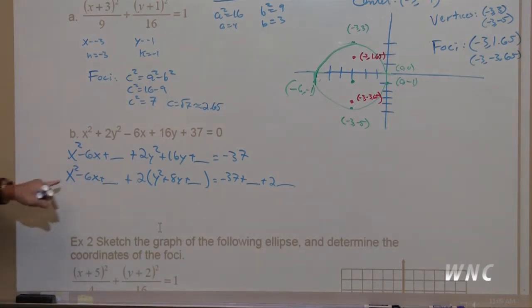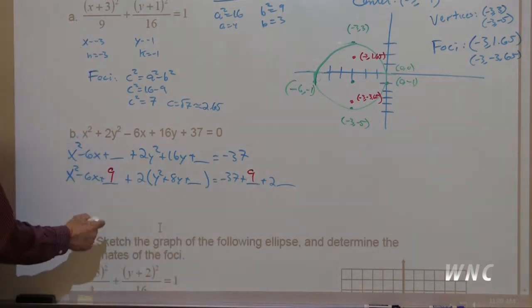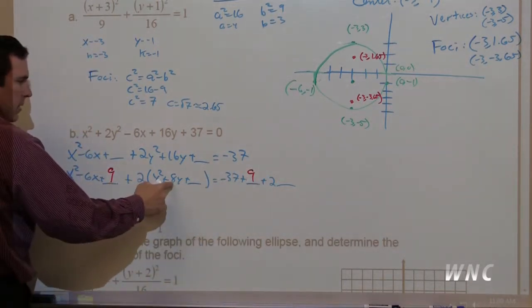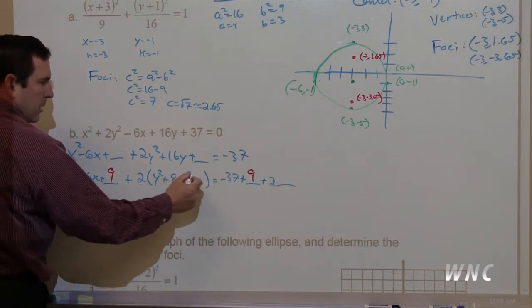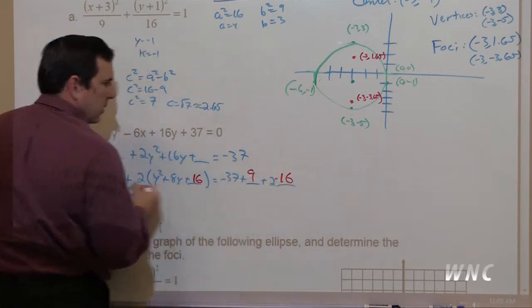So half of -6 is -3. -3 squared is 9. So adding 9 to both sides. And half of 8 is 4. 4 squared is 16. So I'm going to add 2 times 16.